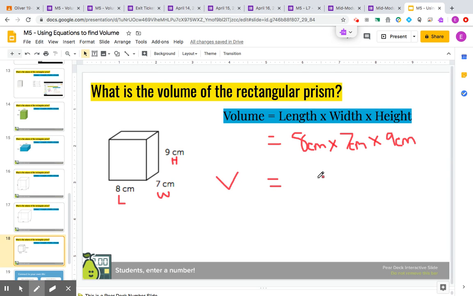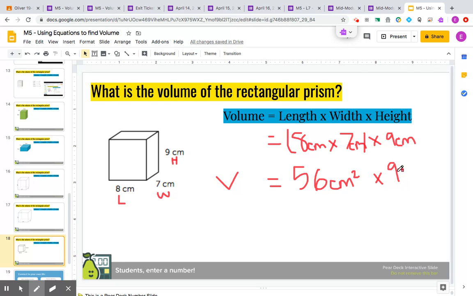So my volume is going to be, let's see, 8 times 7, I know is going to be 56, because 7 times 7 is 49. If I add another 7, I'm going to get 56. So I did 8 times 7 first, and that got me 56 centimeters squared.